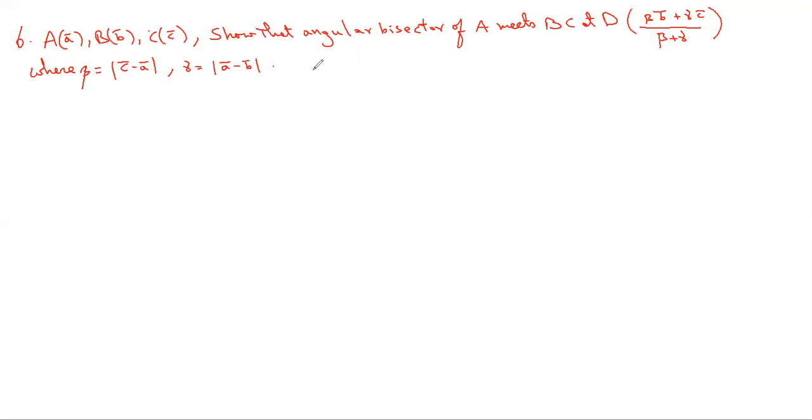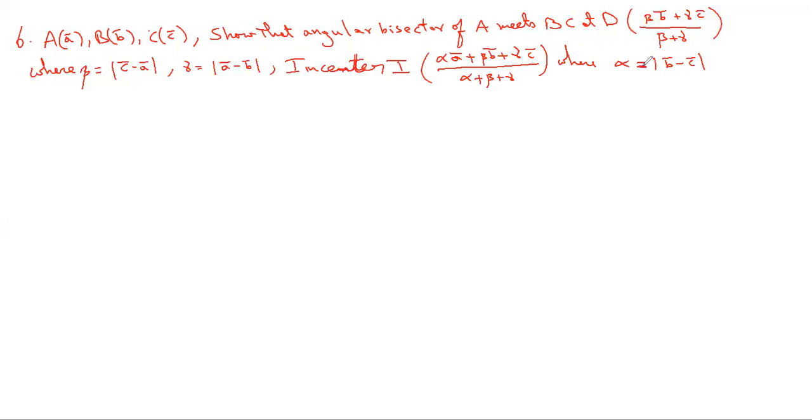Hence, deduce that the incenter I of the triangle is alpha A bar plus beta B bar plus gamma C bar by alpha plus beta plus gamma, where alpha is equal to mod B bar minus C bar. So this is what we need to prove.